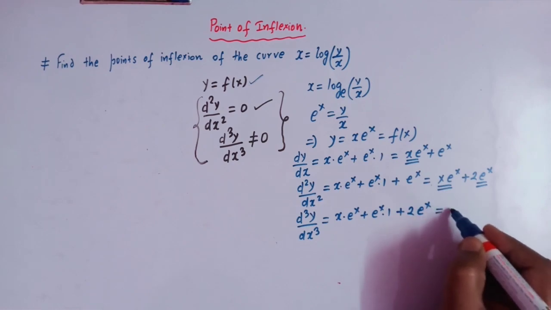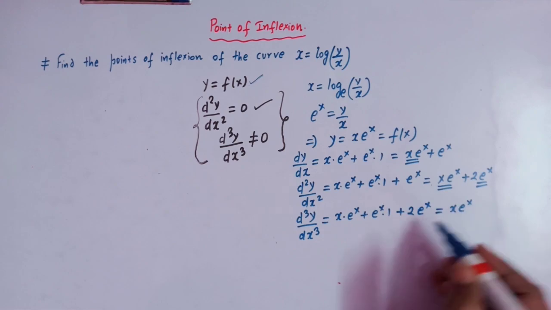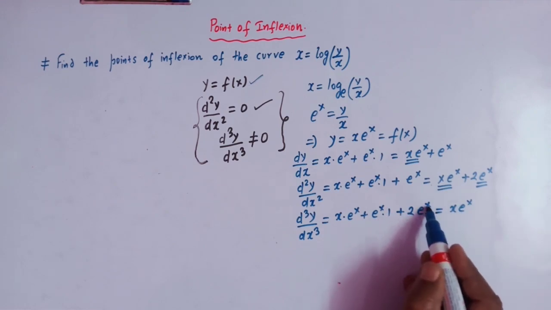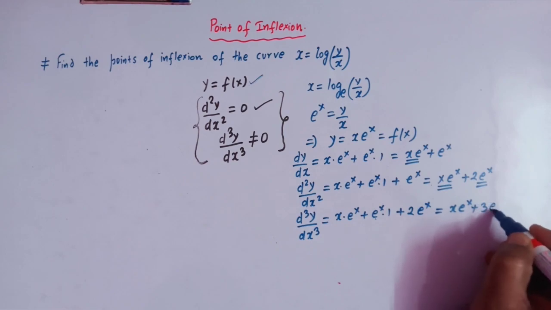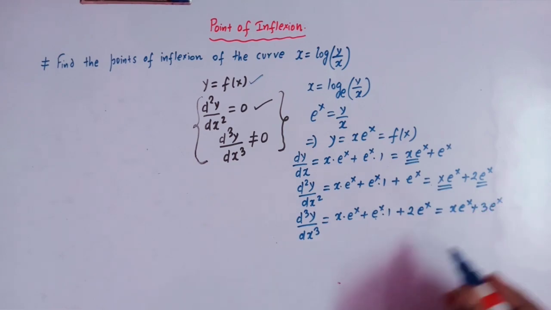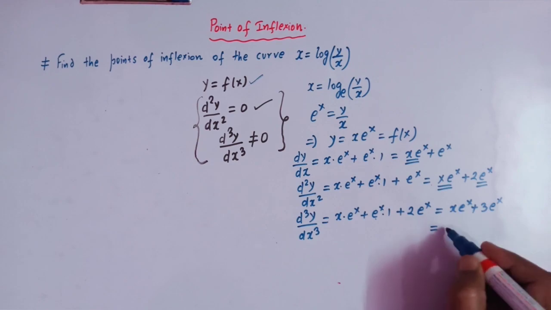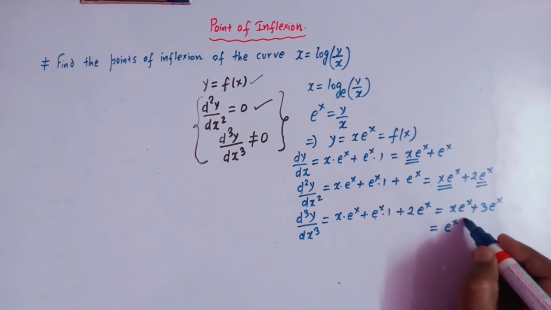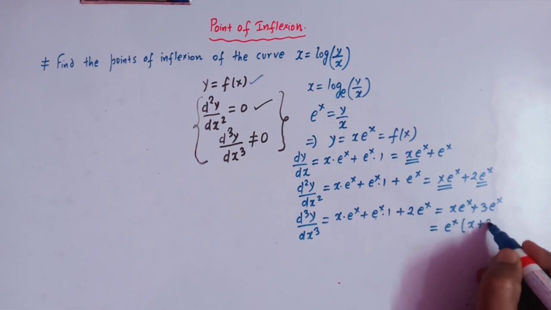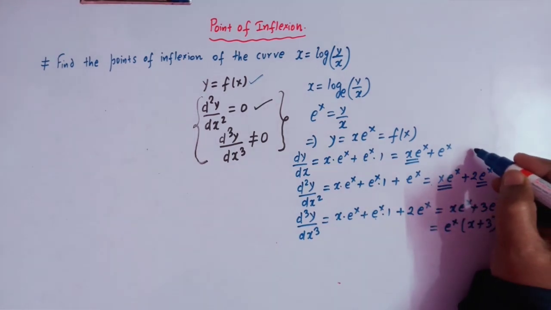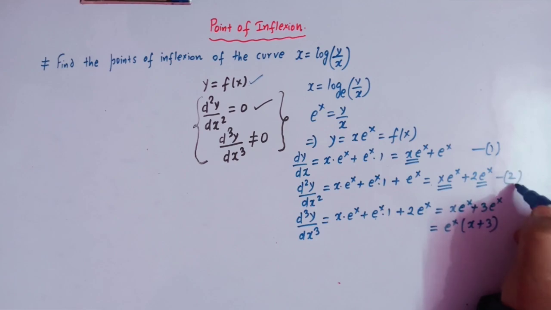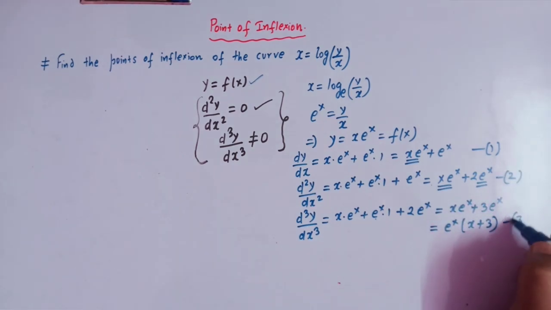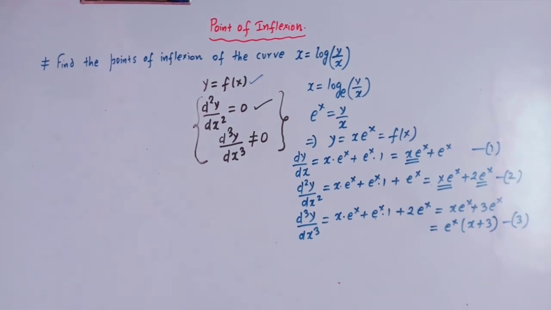So now we have x e raised to x, and 2 times e raised to x plus e raised to x is 3 times e raised to x. So the third derivative is now equal to e raised to x times x plus 3, right? So this is the first derivative, this is the second derivative, and here we have the third derivative.